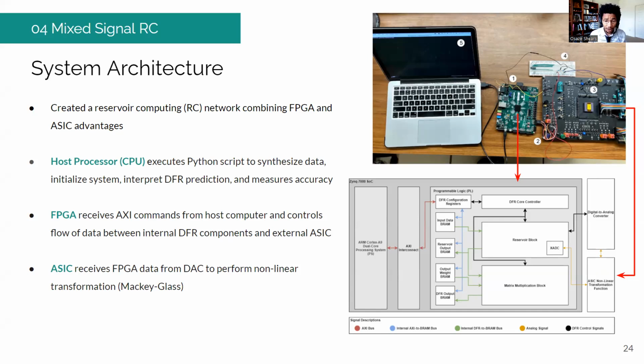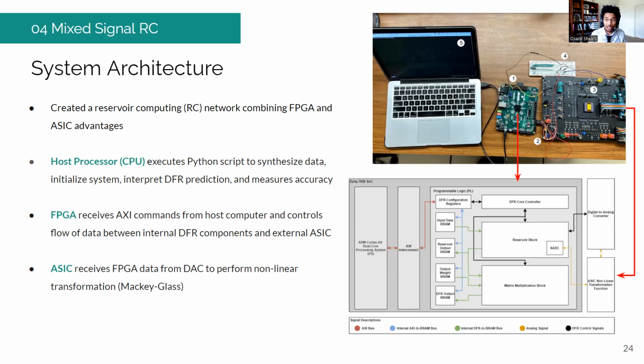The general idea is that an ARM processor embedded inside of the Zynq FPGA on this development board communicates with the DFR that was implemented in programmable logic. It uses the different registers and the AXI bus to configure the DFR and initiate the computation. Once that has been performed, the DFR executes those steps overviewed earlier to perform the inference.